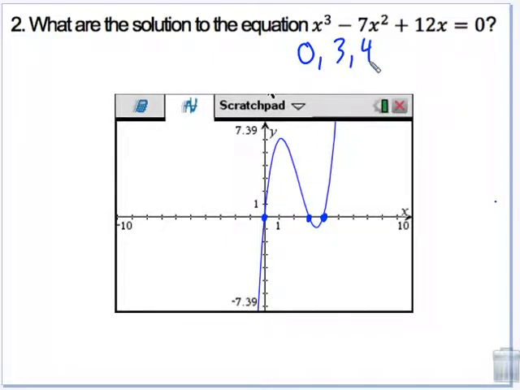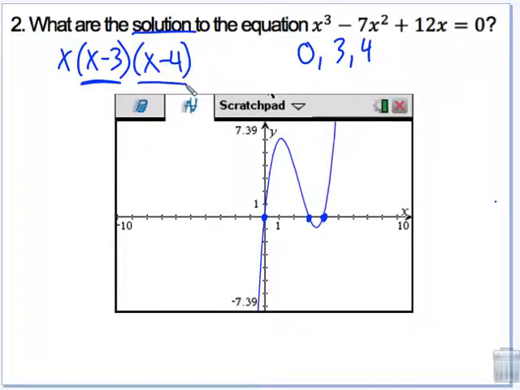If on your test it says what are the factors, then your factors are going to be x minus 3 and x minus 4. Okay, notice this question asks for the solutions. So when it's the solutions, you just look for your x-intercepts, and whatever the number is, that's the solution. If you're looking for the factors, you would set up your equation in factor form.